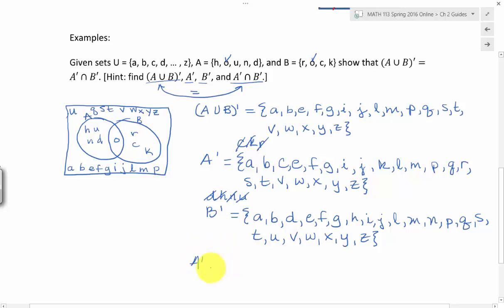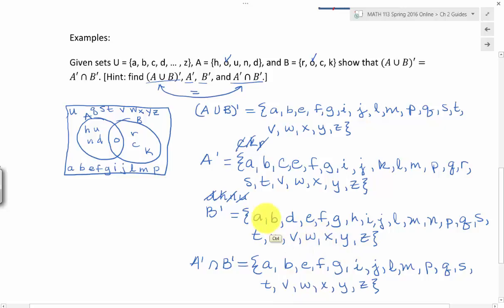So if I have A complement intersect B complement, I'm looking at all the things that are in both of these sets simultaneously, and so I can see definitely the A, the B, E, F, G, not H, but I, J, not K, but L, M, no N, but P, Q, not R, but S, and then T is in both, but not U, and then V, W, X, Y, Z. I was just looking back and forth between the two sets and finding just what's in common.